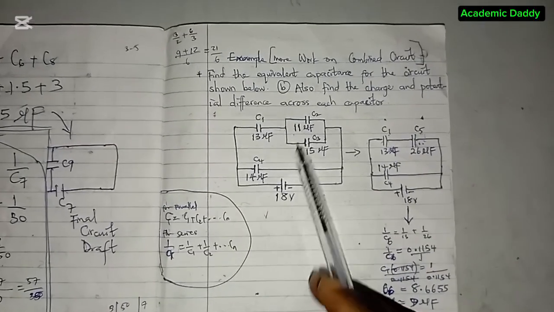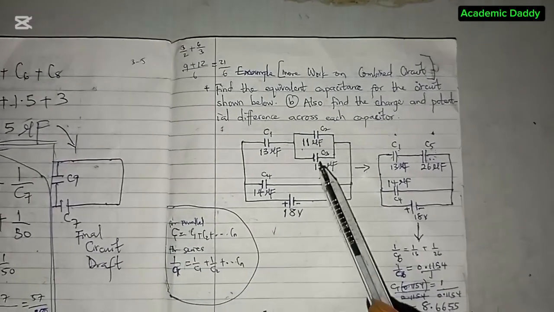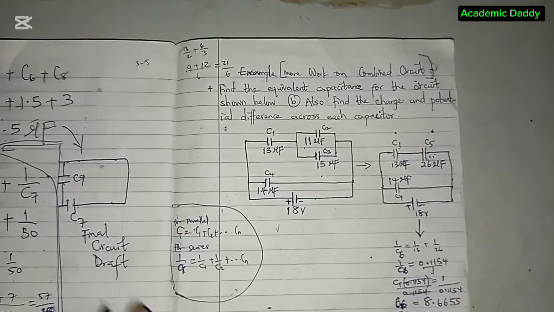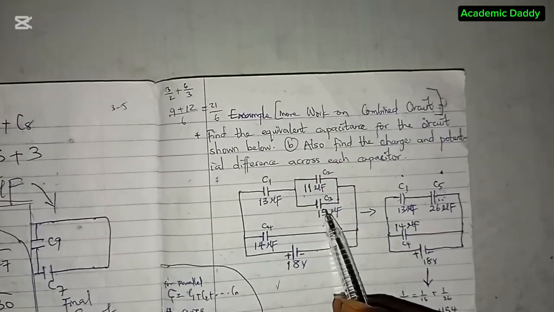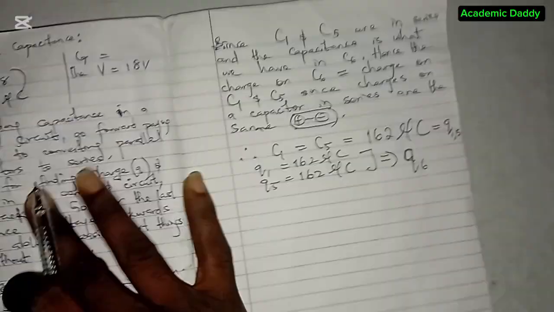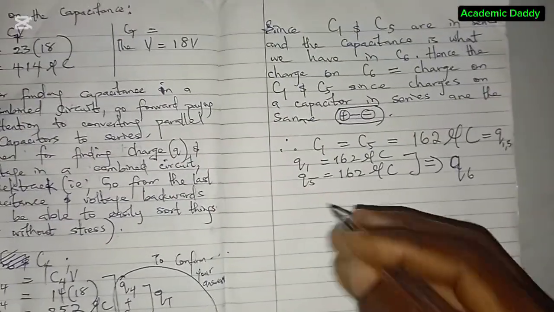Now somebody might want to ask me, what of C2 and C3? If I want to get the charges on C2 and C3, okay, before I get that, let's check something. Let's get the voltage of this one.